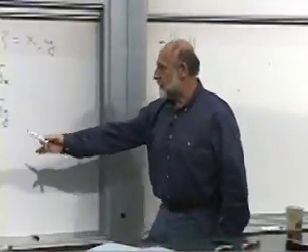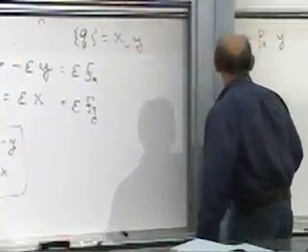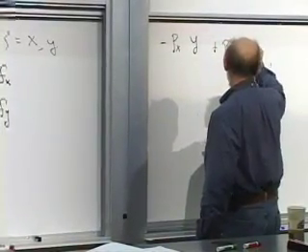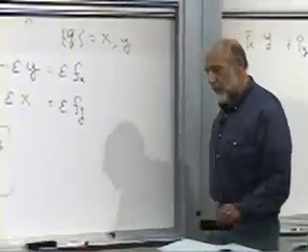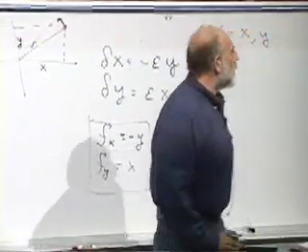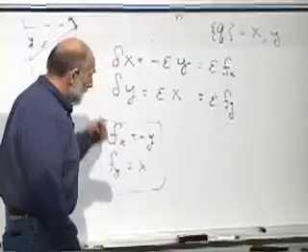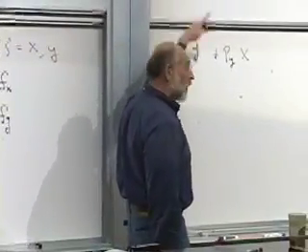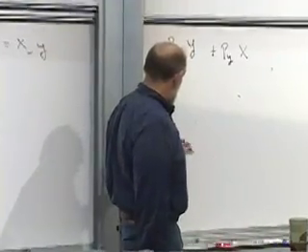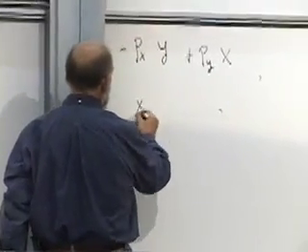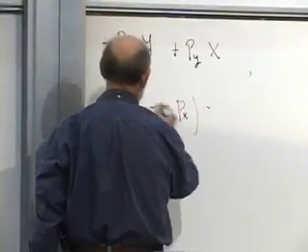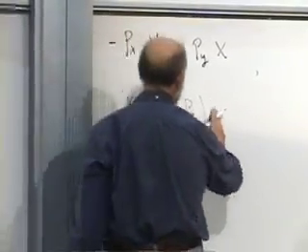The minus sign comes from this minus sign over here. And the other one is plus py times x. Py times x minus x py. That's pi times f sub i summed over the two coordinates. Right? x py minus y px. That's the angular momentum.